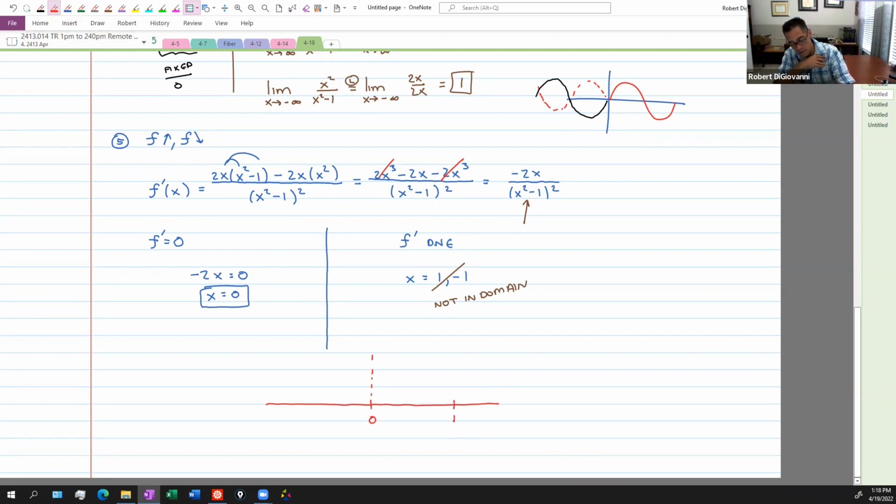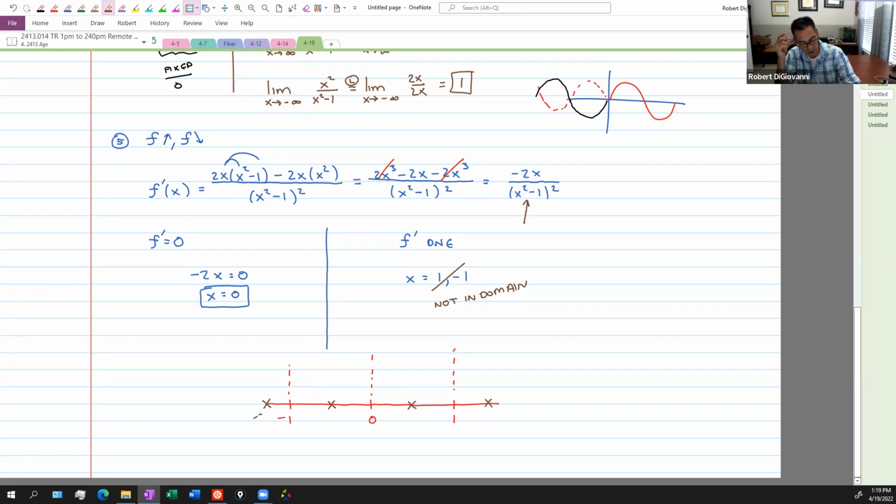At 1, my function's not defined, and at -1, it's not defined. So I'm going to have to pick test points here, here, here, and here, just to make sure that when I go from the left of -1 to the right of -1, I don't have a change in my increase and decrease on the function.